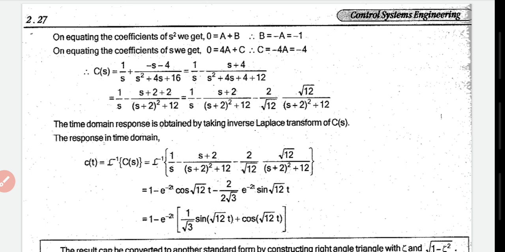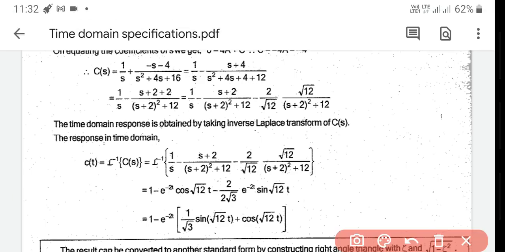Already you know the formula. It is in the form of s plus a by s plus a whole square plus b square, so you can write it as e power minus at into cos of bt. This term we write in the form of sine.